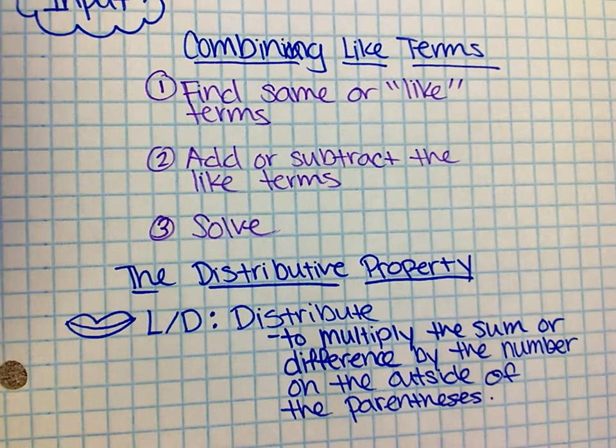So distributing means to multiply the sum or difference of the number by the number on the outside of the parentheses. You distribute the number in. If you have that written down, please put your pencil up.